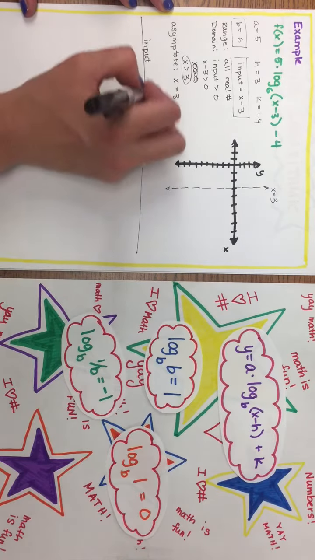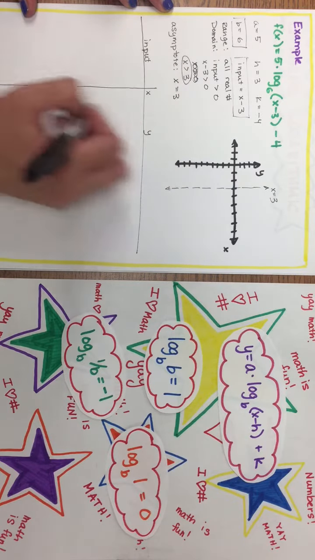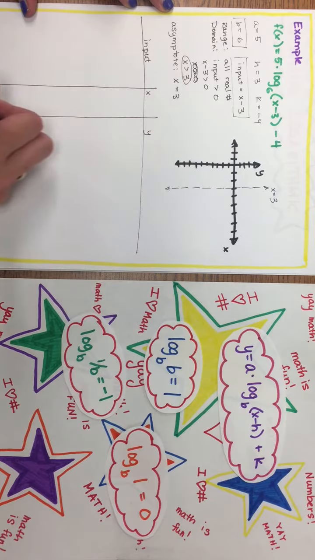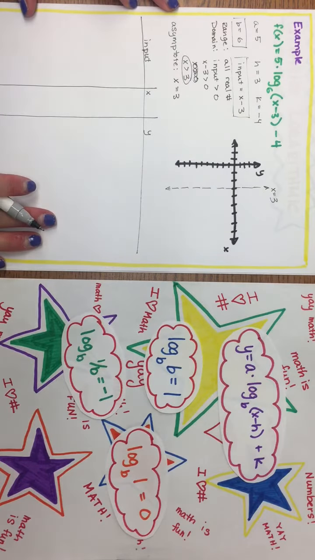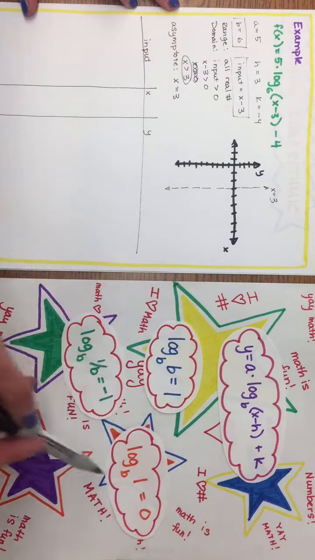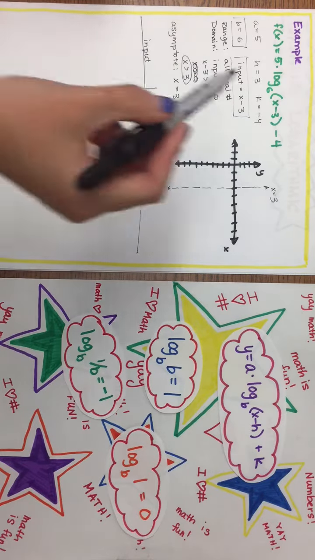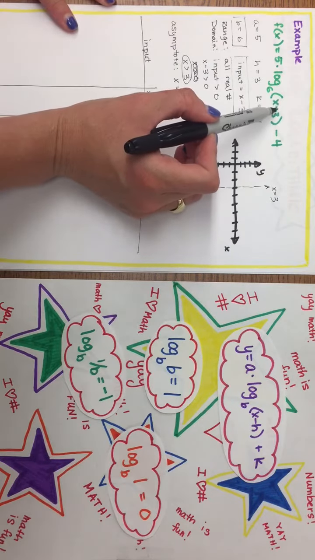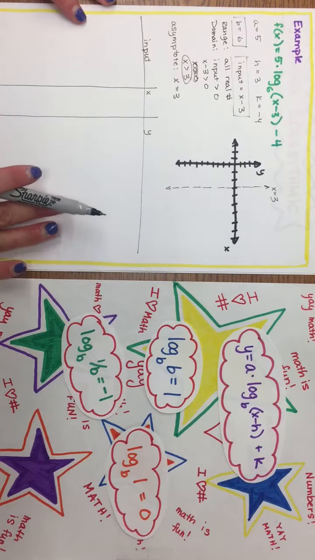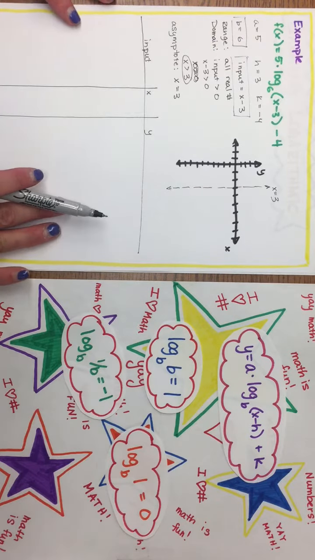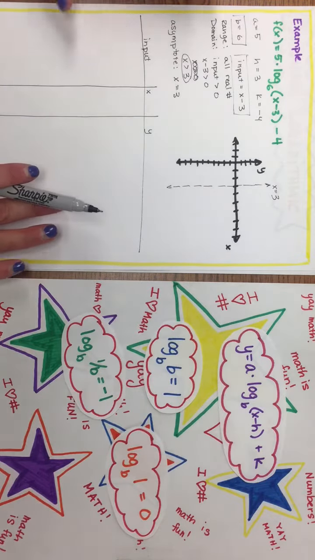Now the input piece of this table is really, really important. We are going to have 3 main inputs that relate to these values. In the same way that we chose what we wanted the exponent of our exponential functions to be, we are going to choose what we want the input of our logarithmic function to be. I don't know what log base 6 of 5 is, so I really don't want to have to evaluate that. I need a calculator.